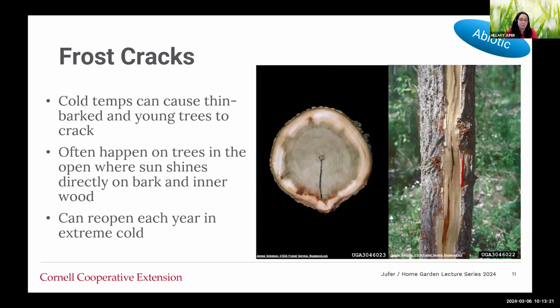One that's very similar are frost cracks. And frost cracks are, again, cold temperatures that can cause thin bark on young trees to crack. And it usually happens on trees that are directly in sun in the winter, and you can see the crack going all the way down, and here it is here. And it can reopen each year in extreme cold temperatures.